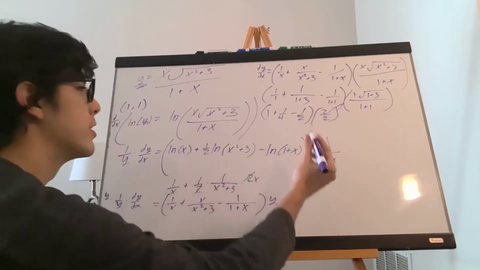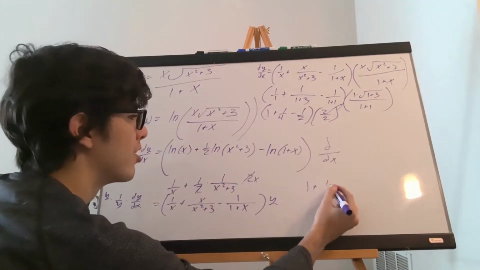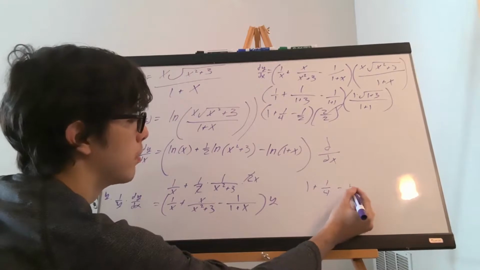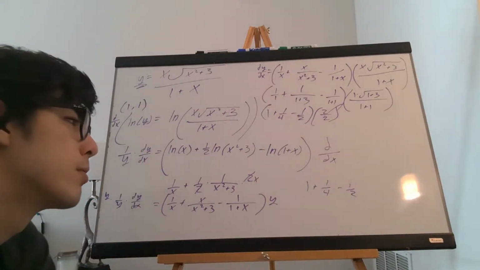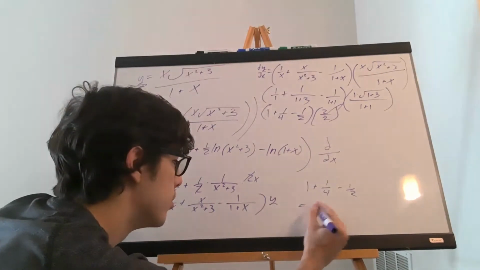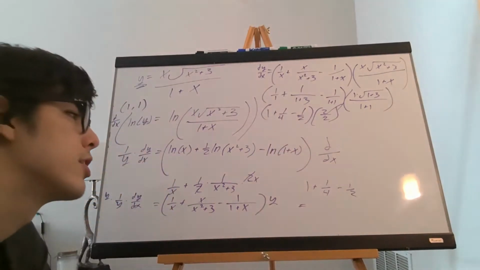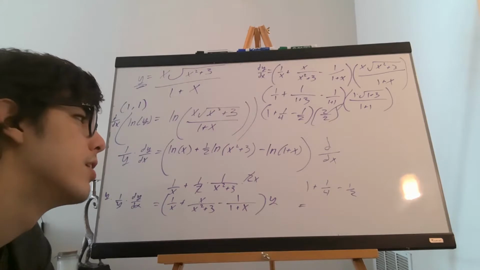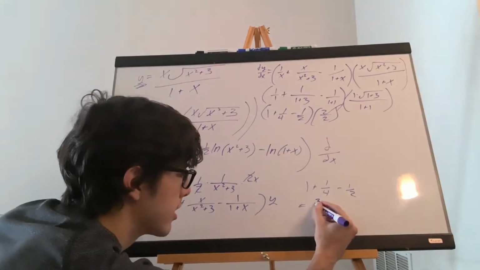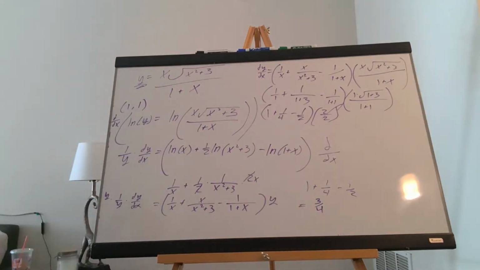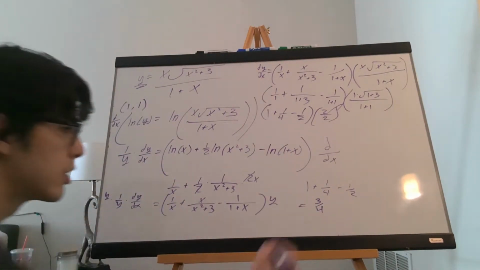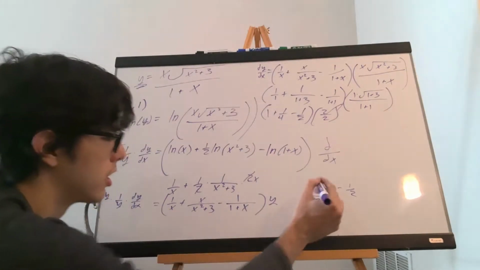So that's just 1. So we've got 1 plus 1 over 4 minus 1 over 2. And that's going to give us 3/4. Yeah, I said the answer, but I misspoke. There we go. So this is the slope of the tangent line right here.